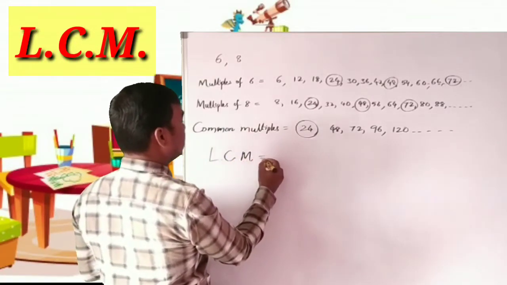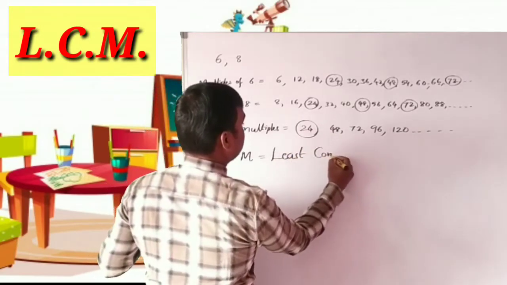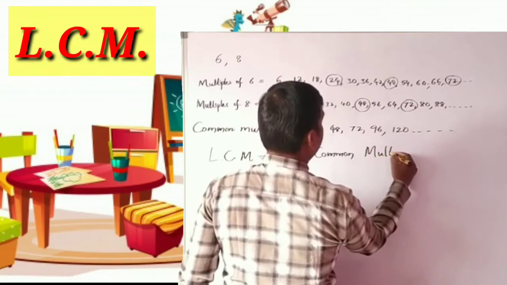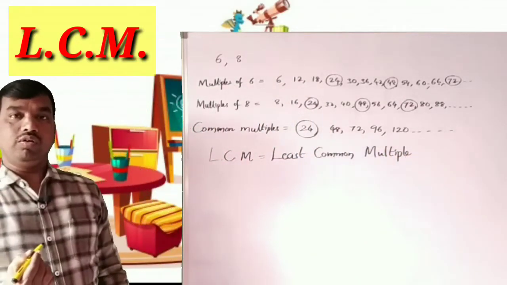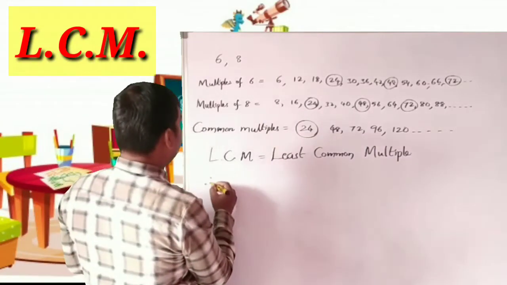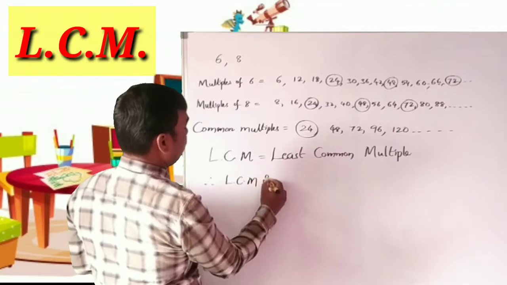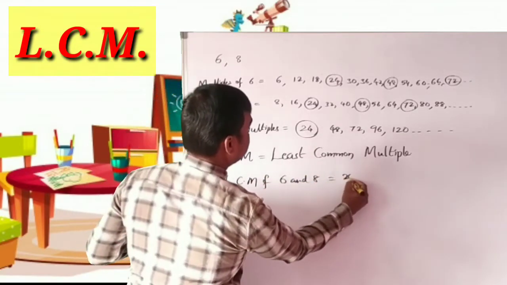LCM. That means least common multiple. Okay. So then we can write LCM of 6 and 8 equals 24.